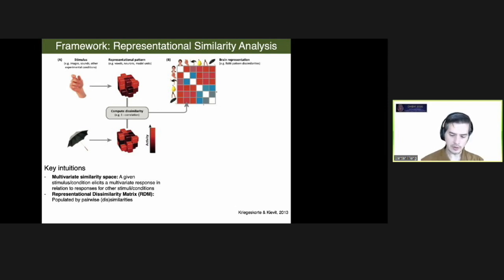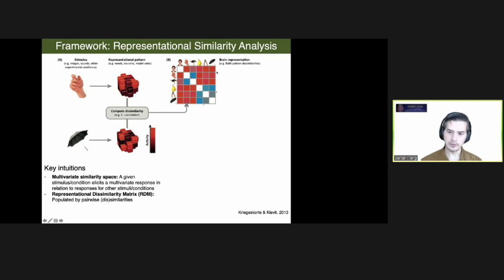That is just the combined pairwise dissimilarity measures of every pair of stimuli. And so you can see it's a square matrix, the size of your stimulus set. The diagonal is undefined, and it's symmetric about the diagonal, so you can pay attention to just one or the other triangular half.